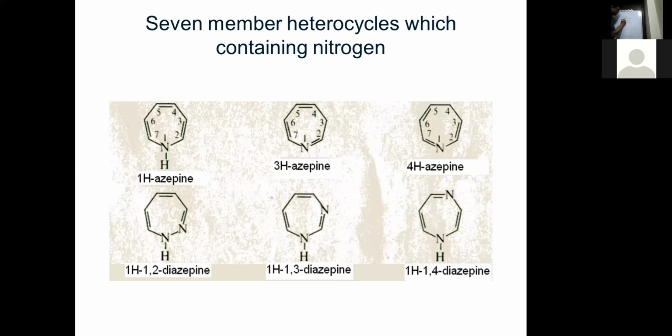It contains double bonds at 4, 5 and 6. So that's why the next example is 3H azepine. Understood? Similarly, in 4H azepine, there is a saturation at the fourth position, that is one extra hydrogen at the carbon. That's why it is named as 4H azepine.